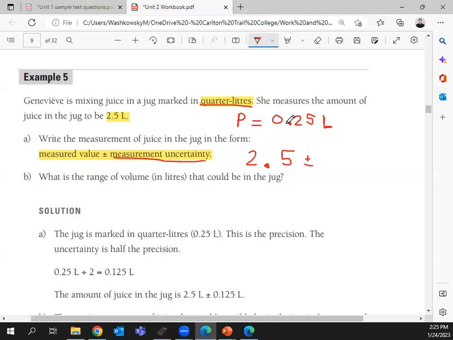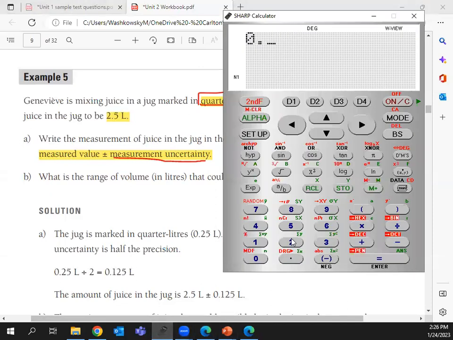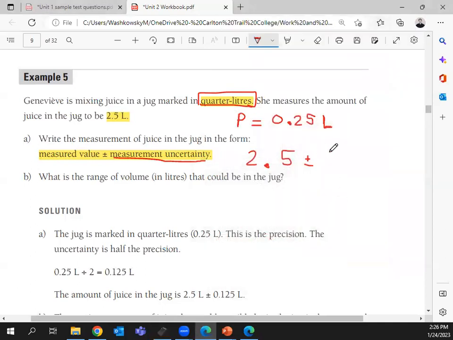So my precision unit here is 0.25 liters, quarter liters. That's what they've told me it is. And then I'm just going to chop it in half. So 0.25 divided by 2. All of a sudden I should get 0.125. So it's plus or minus 0.125 liters.